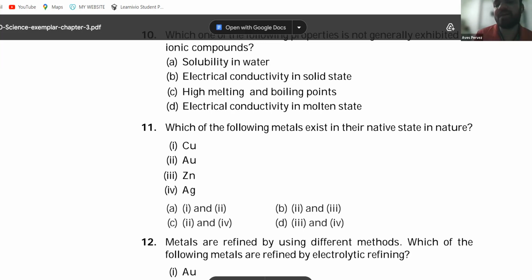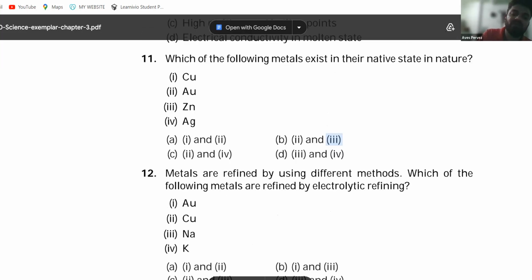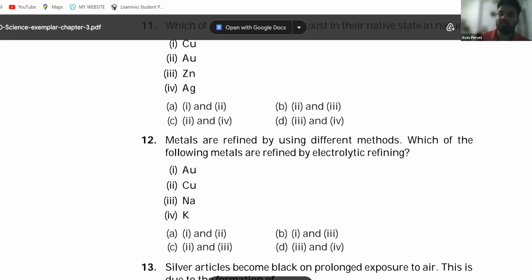Which of the following metals exist in their native state in nature? Sir, option C. Option D. C, okay, second and fourth. Yes, gold and silver. Sometimes copper also, but copper is not written here, so let it be.